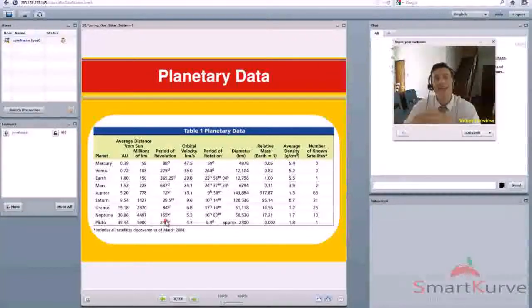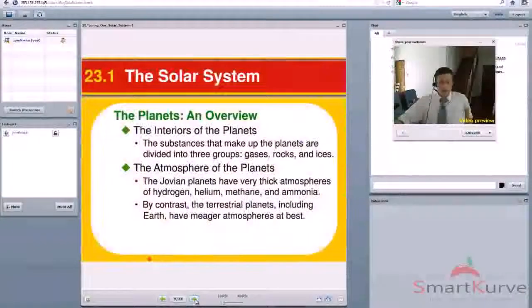Then the atmosphere. The Jovian planets have very thick atmospheres of hydrogen, helium, methane, and ammonia. I think it's good to mention here that hydrogen and helium are the main components of those atmospheres.